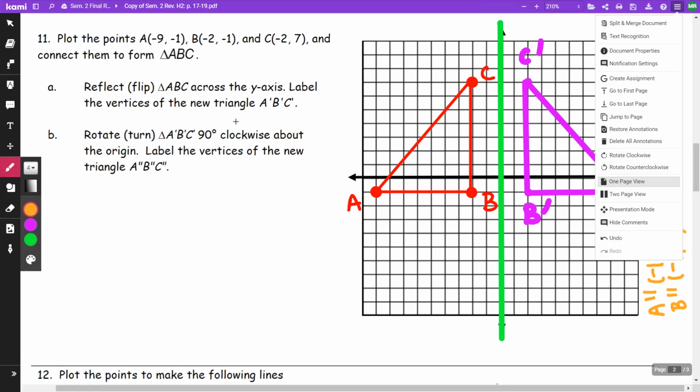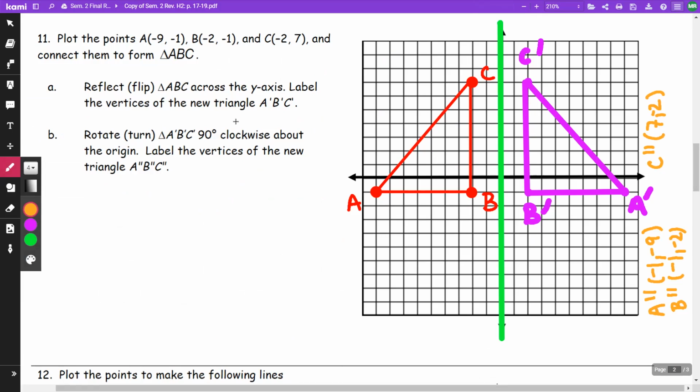Okay, so I have a point at -1, -9. So -1, 1, 2, 3, 4, 5, 6, 7, 8, 9. And that's going to be my A double prime. My B is going to be at -1, -2. That is my B double prime. And C is at 7. Here, let me put this on this side.